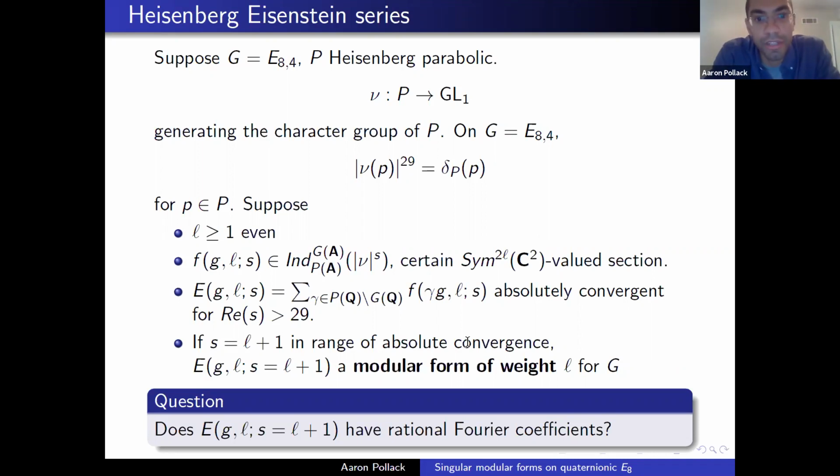There's a special point, which in this normalization is L plus 1. L here is the Sym to the 2L valued section. If you take s to be L plus 1, which is in the range of absolute convergence, then you get one of these special modular forms of weight L. I have a question here, which I don't know the answer to: do these special Eisenstein series have rational Fourier coefficients?